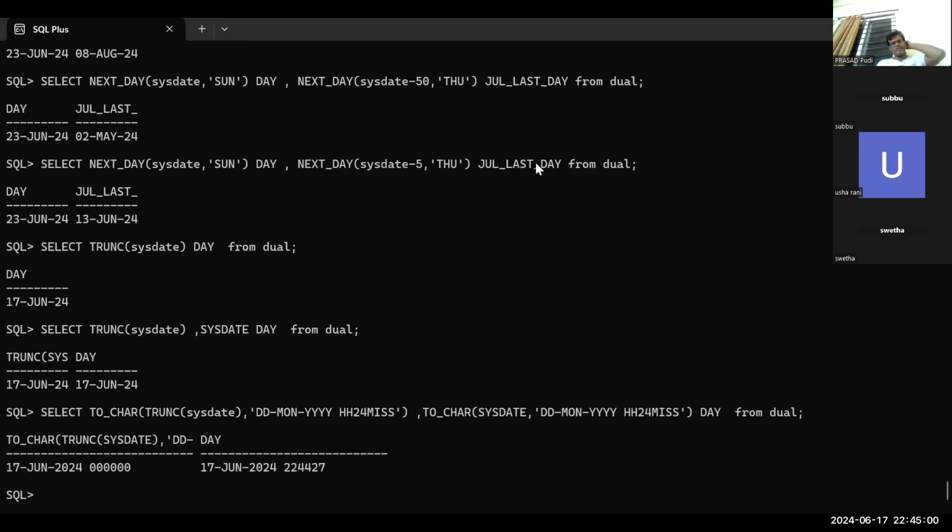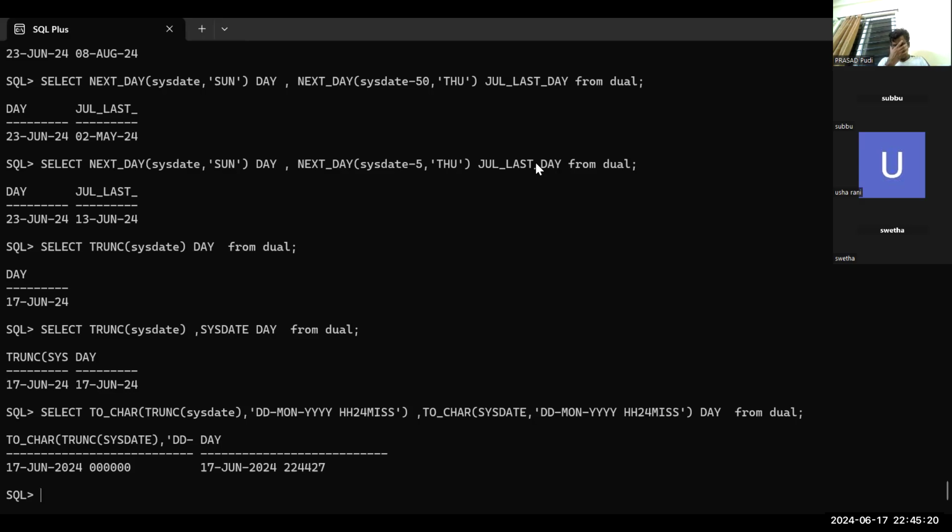Why is it showing zeros? Why is it not showing zeros there? That is the thing, because we are using the trunk function there. This trunk, what will it do?